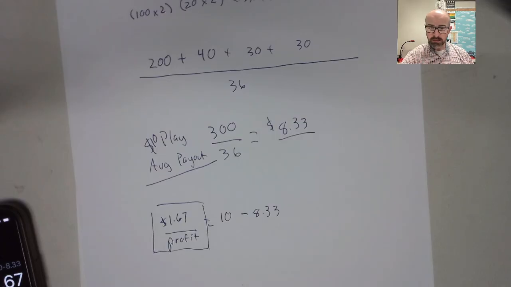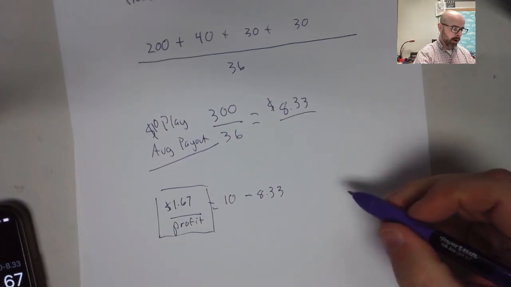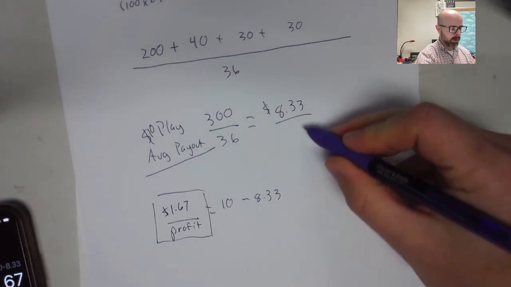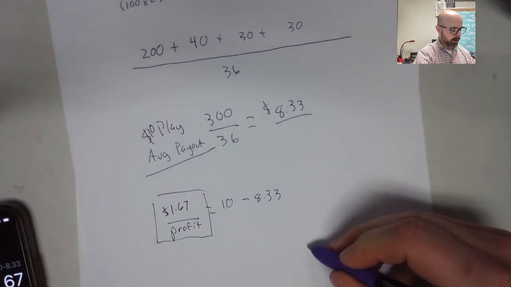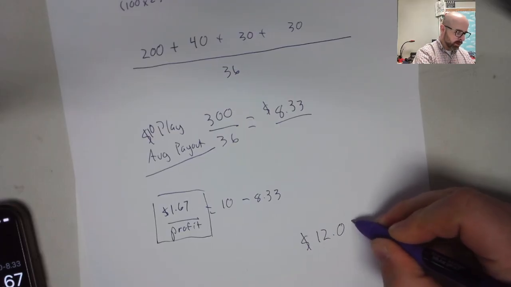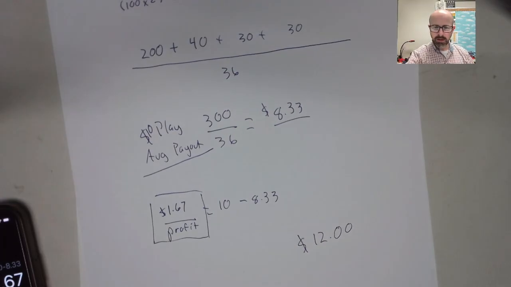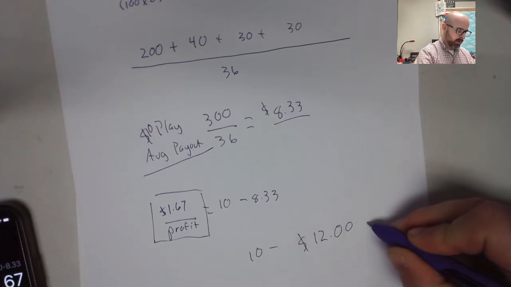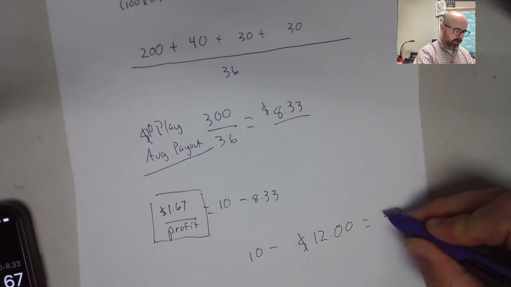That's good. If you wind up with a number that's negative, right? If your average payout equals something like $12, well, $10 minus $12 equals negative $2.